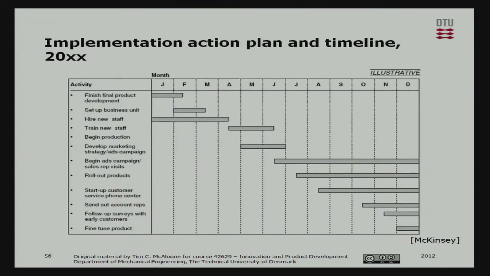Now we want to implement it, and any business plan needs to have some sort of a Gantt chart telling us in detail where it is, starting from the day we're writing this business plan, or the day that we're going to get the funding, to say we need to finish our product development, set up a business unit, hire staff and so forth, and a very overall consideration as to how you're going to implement your business plan. And again, this always gets shoved time-wise, but the main shape of the model should be the constant, and the time, of course, can change.